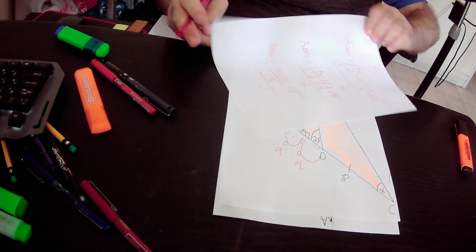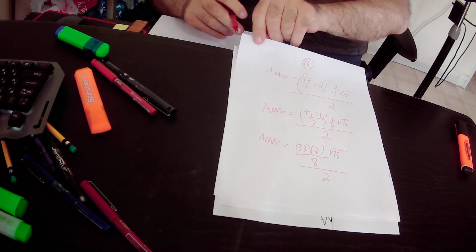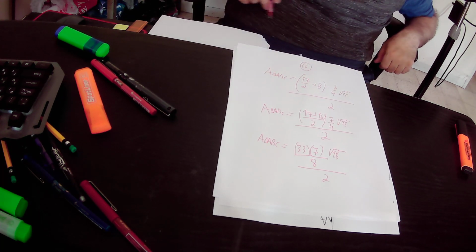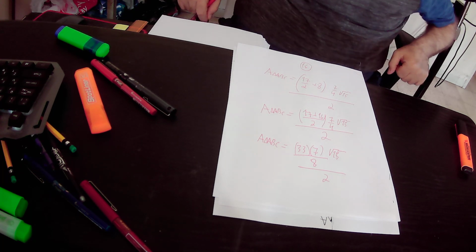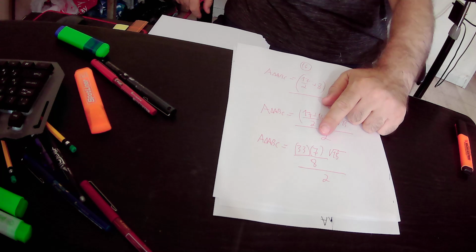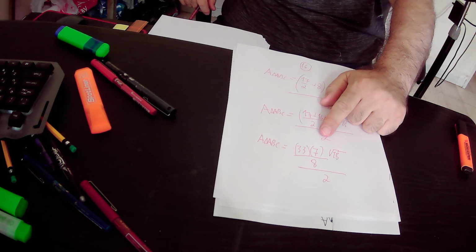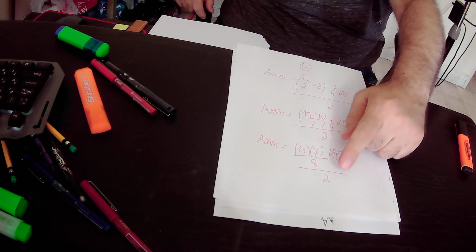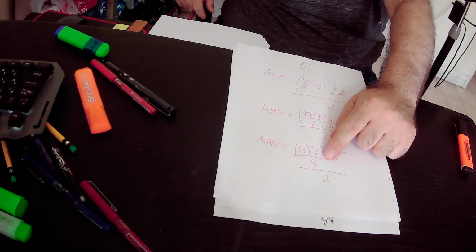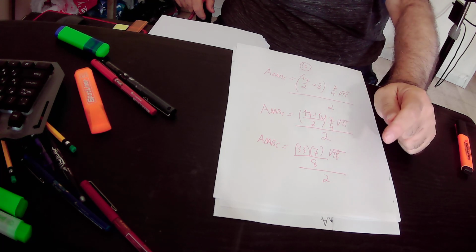Okay, we got that the area of triangle ABC equals 33 times 7 times root 15 over 8 over 2. 33 times 7 is 231, and here we can move 2 to the denominator, and 2 times 8 is 16.